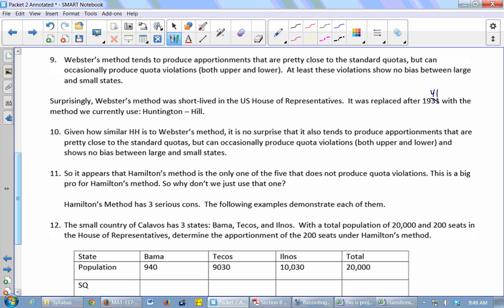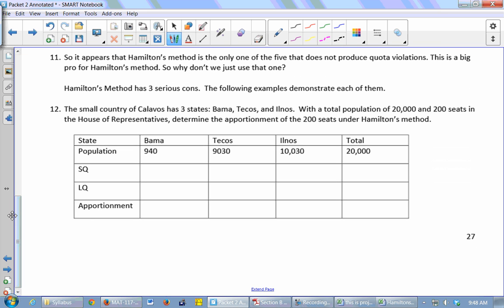Why don't we just use Hamilton's method? How do you know that? Yeah, it does favor large states. It also has 3 other really serious drawbacks.